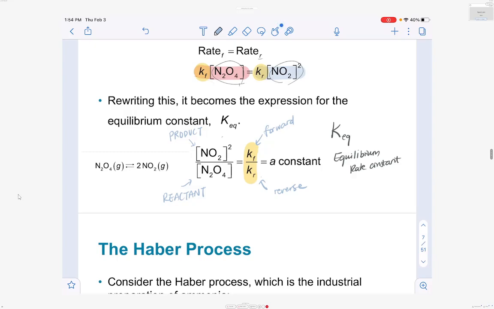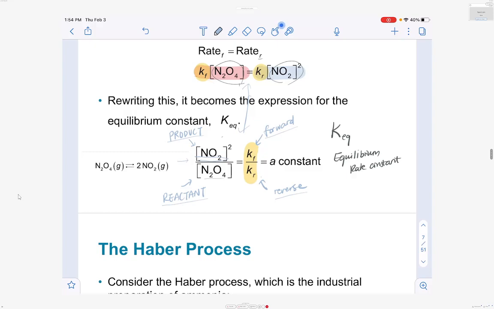I know that the product is related to the reverse reaction and the reactant is related to the forward reaction, but because we arrive at this ratio from this equilibrium expression, you need to keep in mind that when expressing an equilibrium constant in terms of concentration, product is going to be the numerator and reactant the denominator.